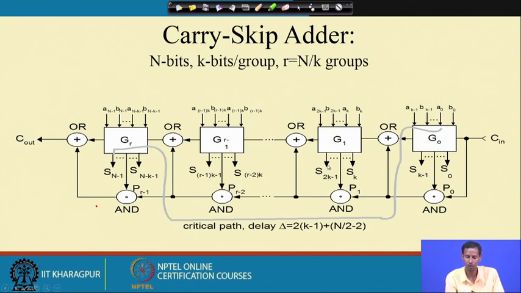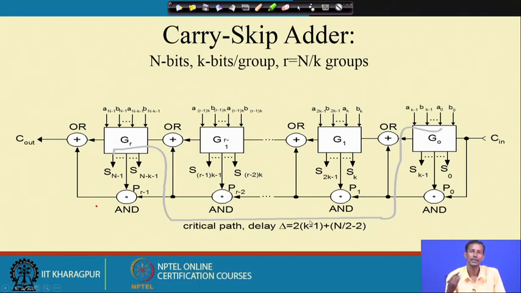Because we have already divided by n divided by k, and here you see this depends on k, and here it is not that much linear. In the ripple carry adder the delay will be n minus 1 number of stages I need to cover, but here I do not need to cover that. So, here the delay will be n by 2 minus 2 plus 2 into k minus 1.